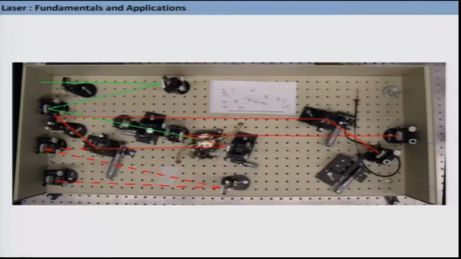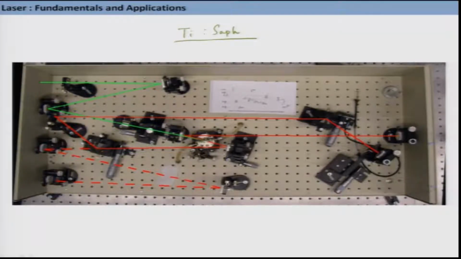Now here is the actual layout of a titanium sapphire laser. The crystal of this titanium sapphire is essentially housed here.